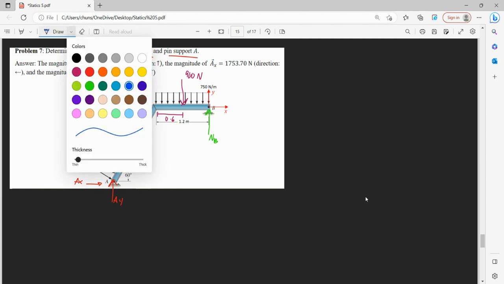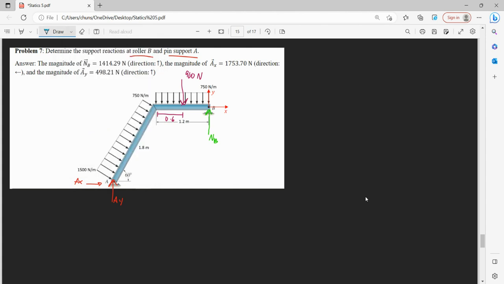Okay, and I'm going to find what this height is. Actually, no, let's do that after. Okay, next, we're going to divide this into two sections. So we're going to have a triangle section and a non-triangular section. If we work with our triangle first, this is at a height of 750 newtons over 1.8.